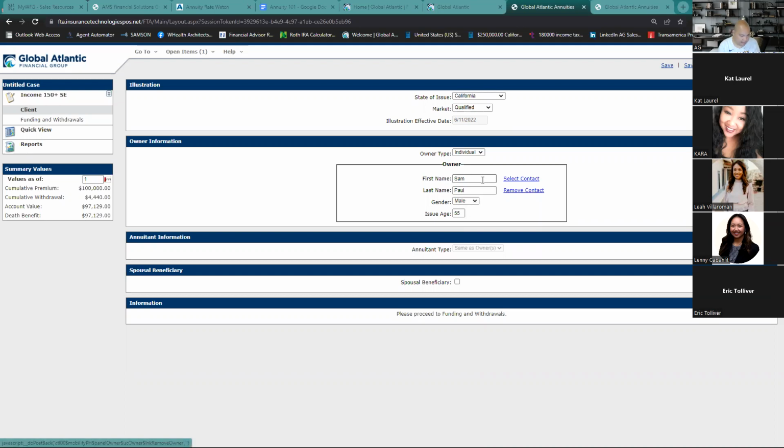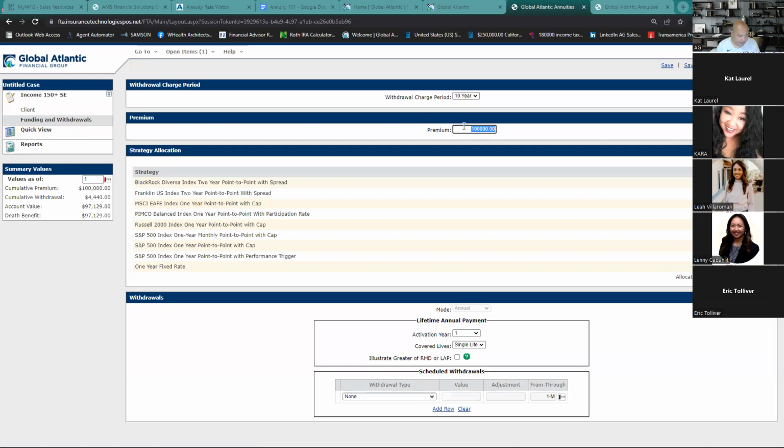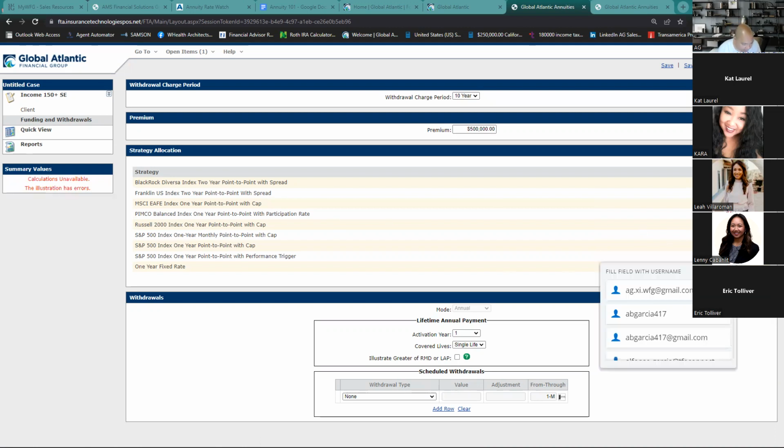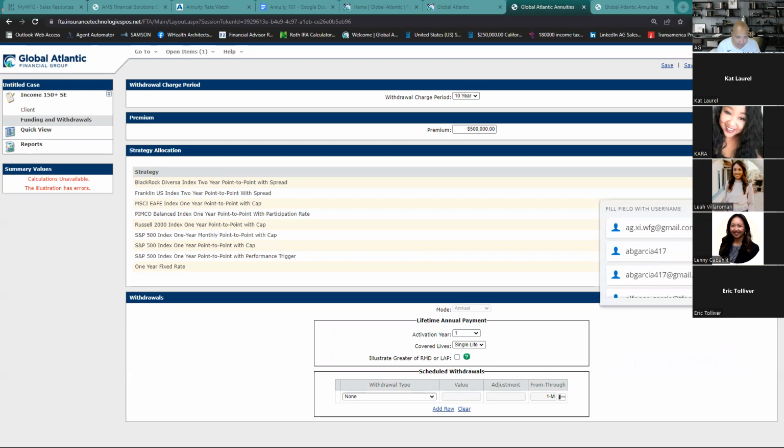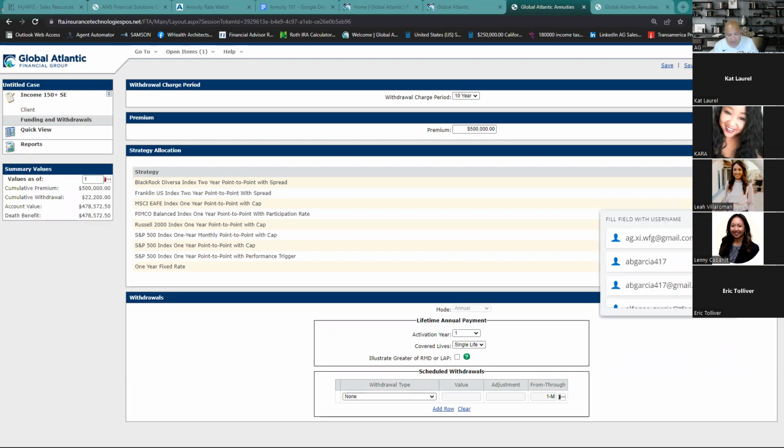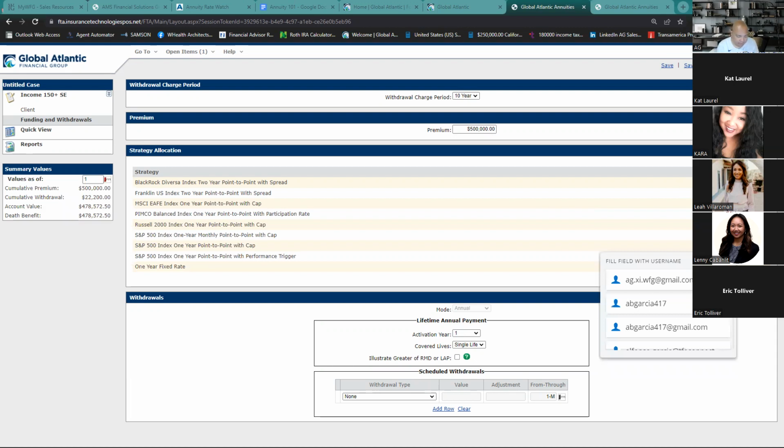So same thing, let's just say this person has 500,000. Here, 1 year point performance trigger, maybe that's the one. Point cap, 50%. And then Franklin. Oh yeah, because this is not accumulator, I just put everything on Franklin.